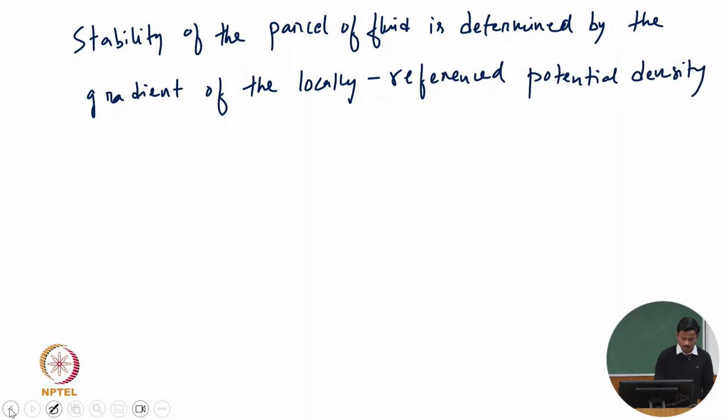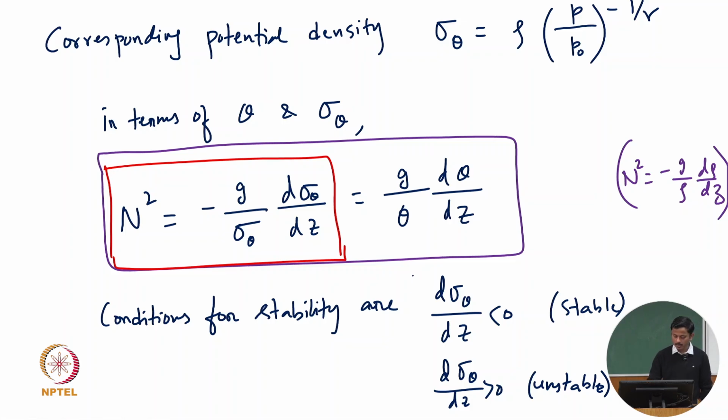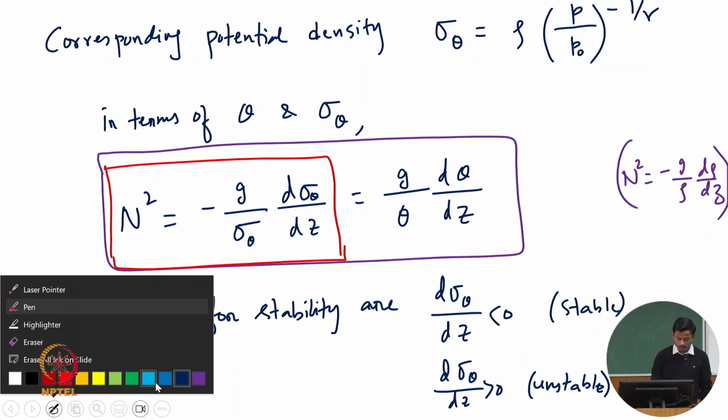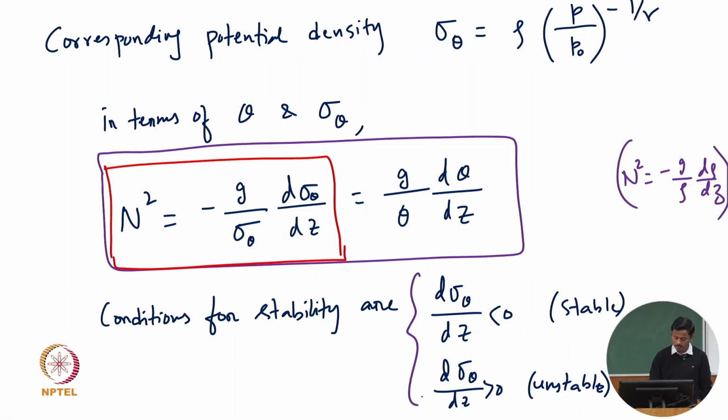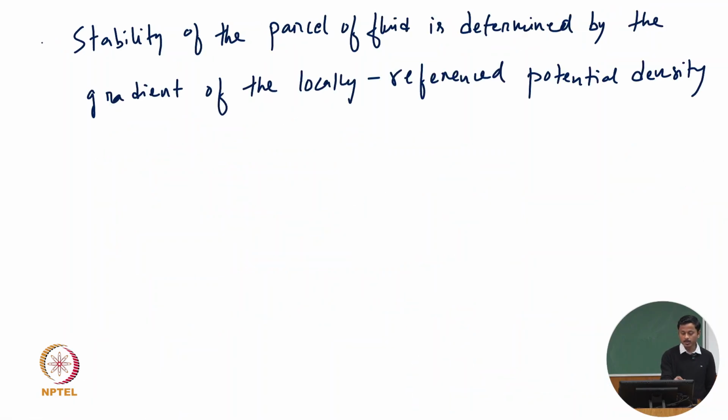This is the statement form of the mathematical expressions that we had written down. The stability of the parcel of fluid is determined by the gradient of the locally referenced potential density. The gradient we are calculating only in the vertical direction. Please, that is something for us to take note of.